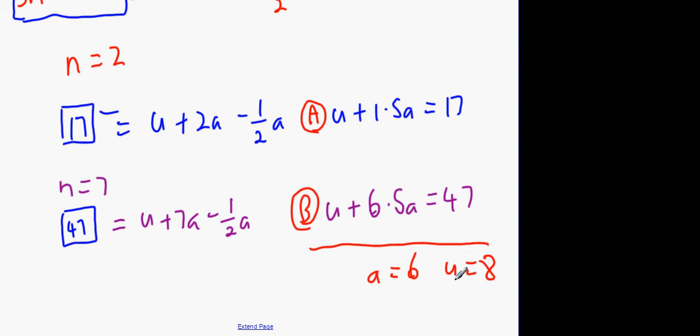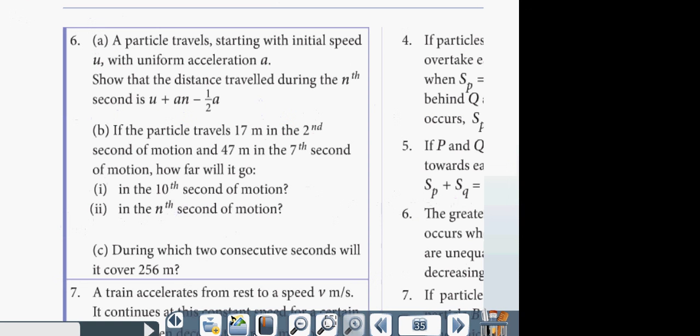And now, we know a is 6 and u is 8. So if we reread the question, we're looking for how far will it go in the 10th second of motion. Do you got it?